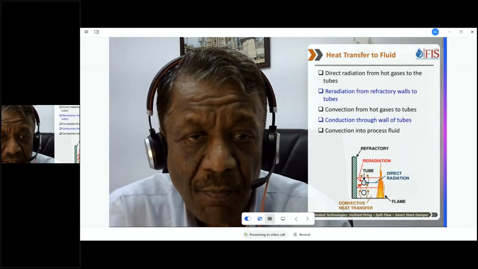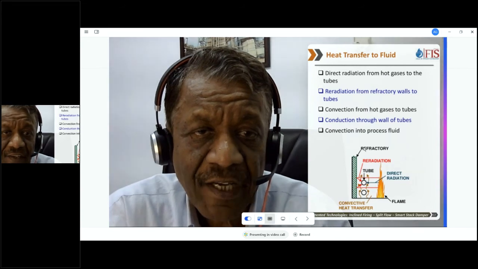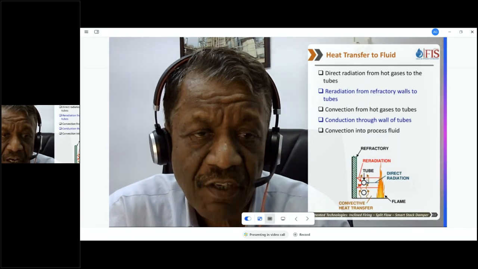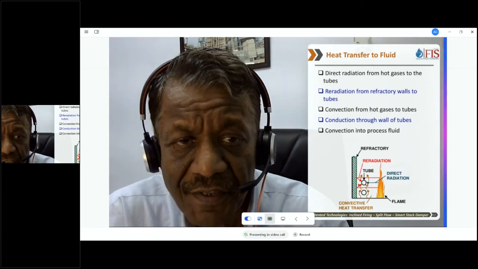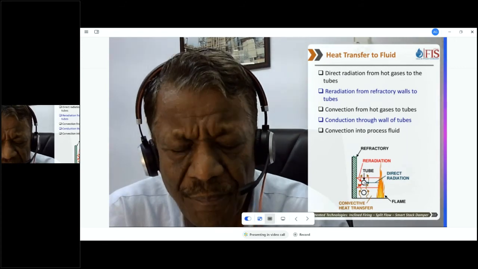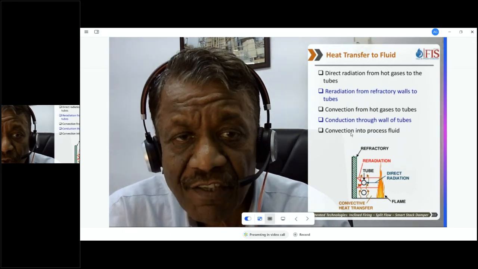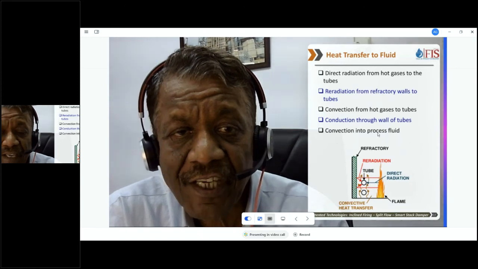Now, this heat is received on the outside of the tube. And then we have the conduction mode of heat transfer, which transfers that heat from the outside of the tube to the inside of the tube. And once the heat is transferred to the inside of the tube, it has to be transferred to the fluid. And the fluid gets heated by convection, actually.